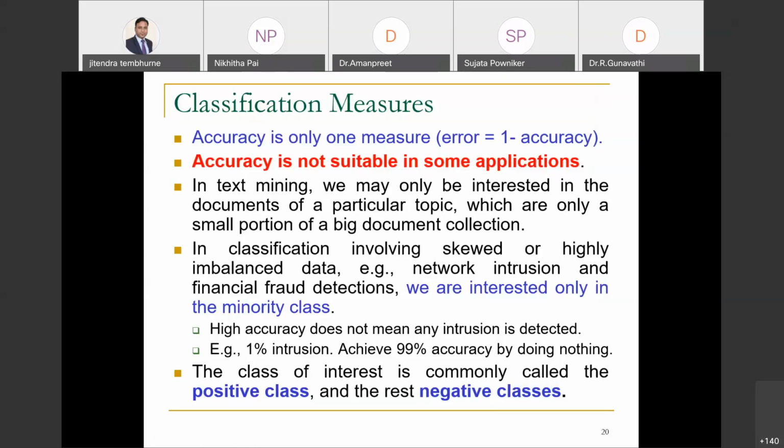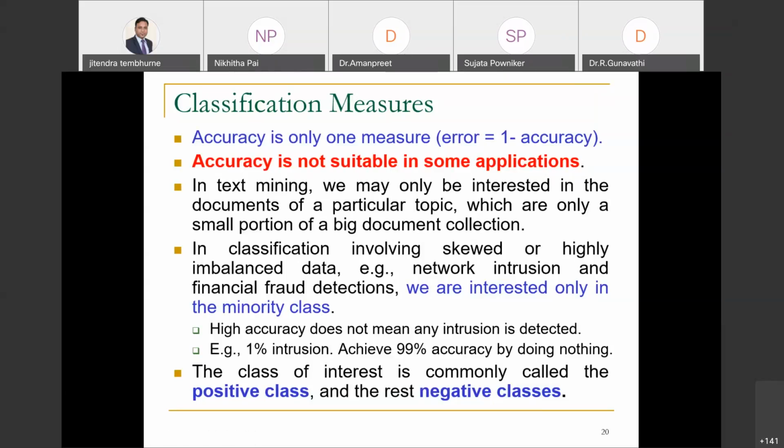Consider classification involving skewed or highly imbalanced data. Whenever you have skewed or highly imbalanced data, for example network intrusion and financial fraud detection, we are interested only in the minority classes. The minority classes are more important in that case, not the majority classes.